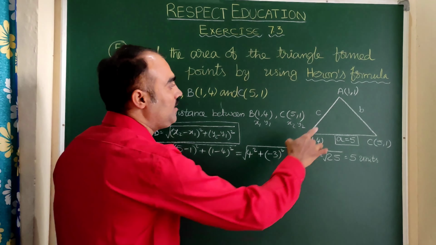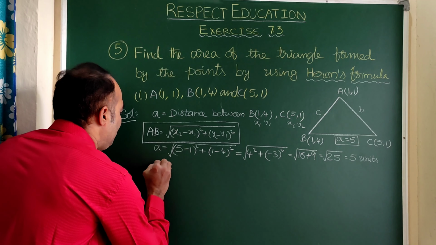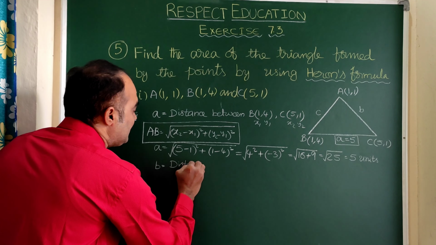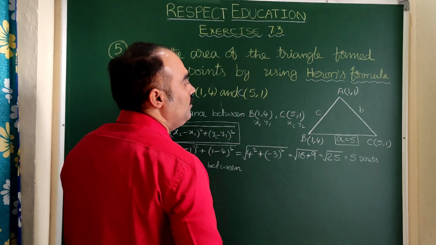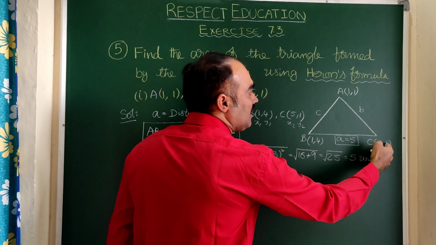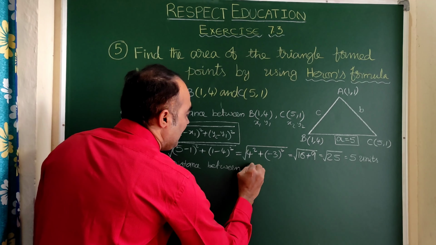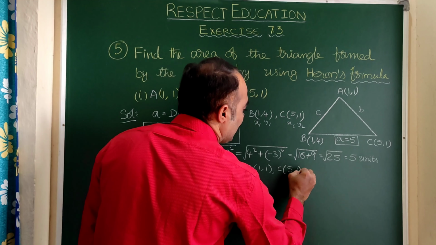Now we need to find the value of B. Let us see how to find B. B is equal to the distance between the points C (5, 1) and A (1, 1). We can write as A (1, 1) and C (5, 1).